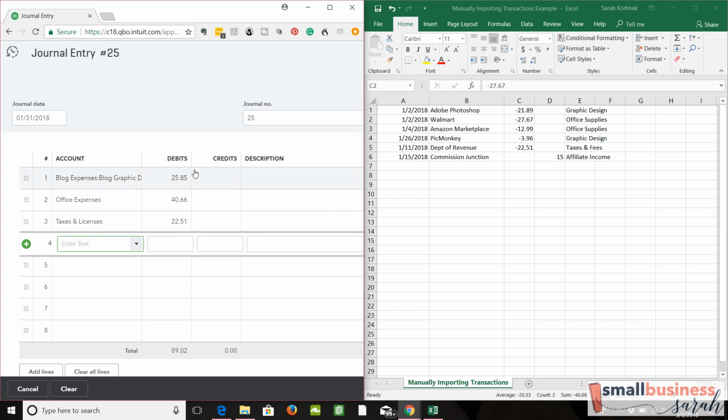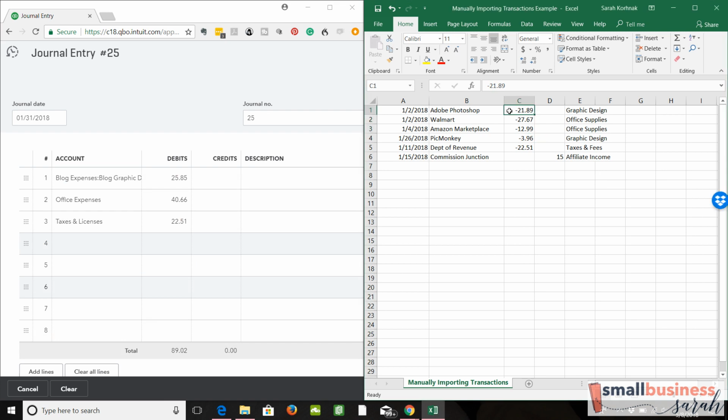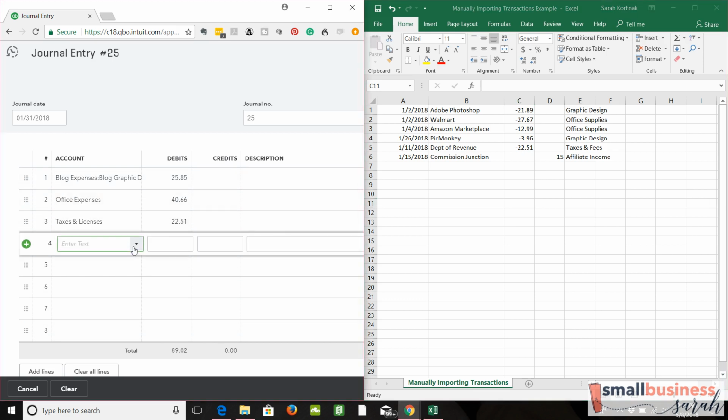Okay, so QuickBooks is summing the totals for us. $89.02 in expenses. And down here, $89.02 in expenses. Debits and credits have to equal. So the opposite side of all of these debits and the expenses you will always put in the debit column for this type of entry.